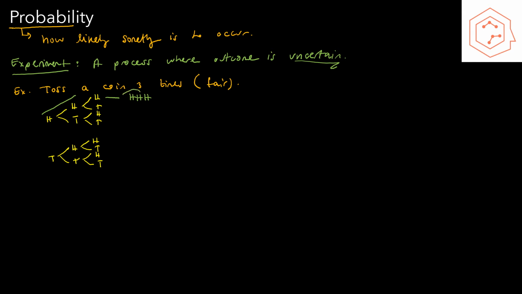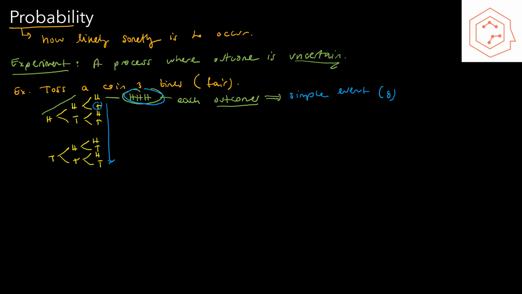Each one of these outcomes is called a simple event. So each outcome corresponds to something we call a simple event. And in this case, we have 8 simple events. So heads, heads, heads, heads, heads, tails, all the way through all of these 8 simple events.